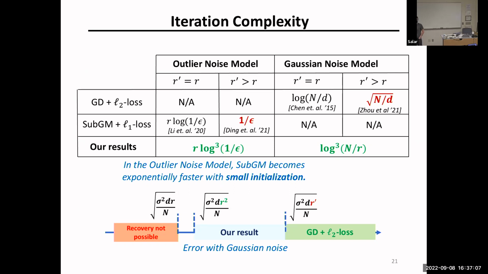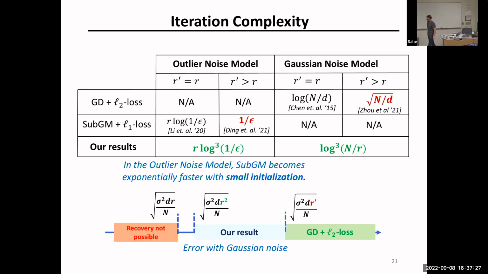Any other question? There's one question from the Zoom audience. Can you explain more on small initialization? Would it be better to have an alpha that scales the initialization to have similar range, meaning similar norm as a minimizer? Not necessarily.